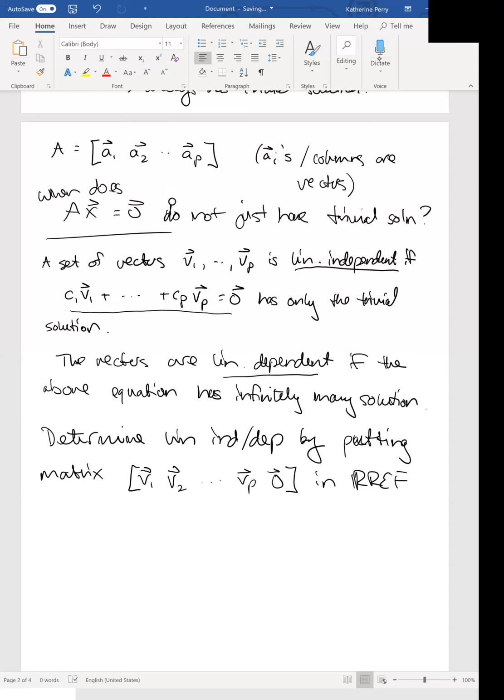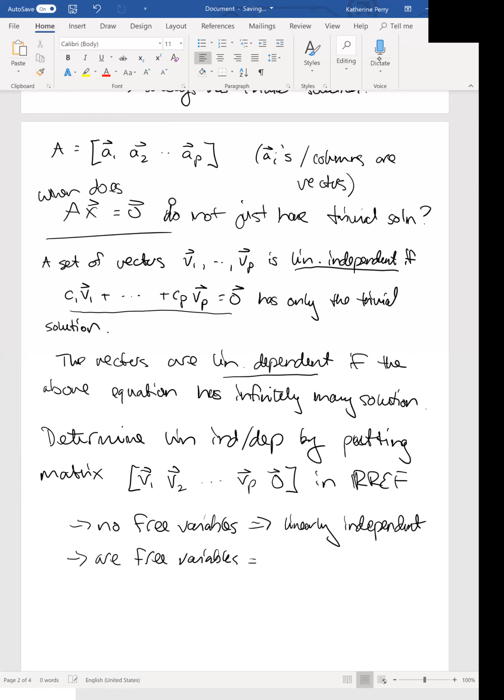If we solve this and there are no free variables, then there's only one solution, and it's unique, so the vectors are linearly independent. If there are free variables, then that implies they are linearly dependent.